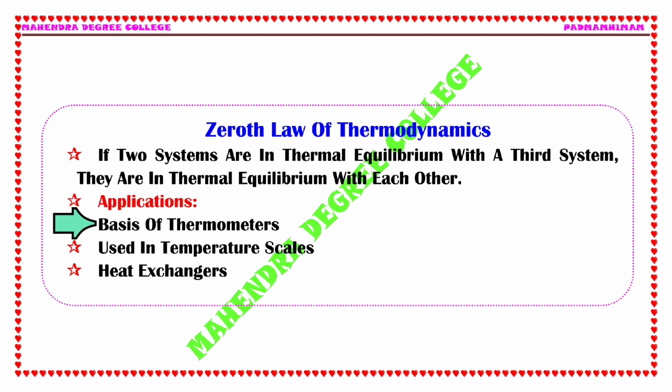If a thermometer is in thermal equilibrium with a body, then the temperature of the thermometer is equal to the temperature of that body. This allows us to measure temperature accurately.